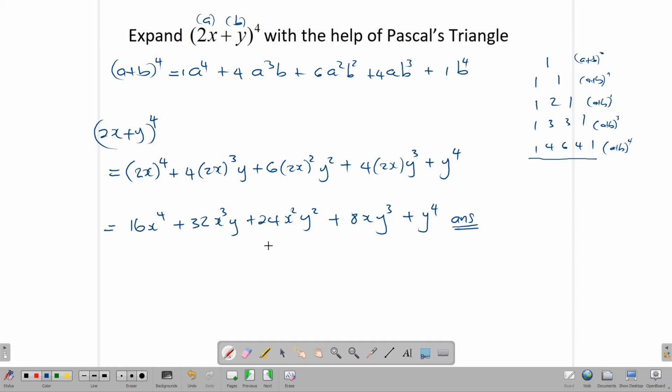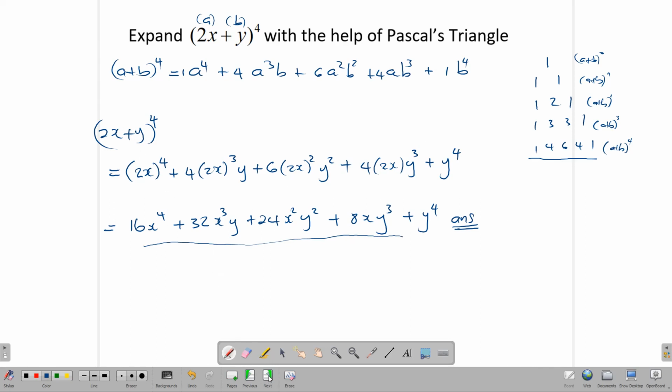And there, instead of going through all that rigorous multiplication of this 2x plus y to the 4 different times, we can simply use Pascal's idea to write out the expansion of our bracket.